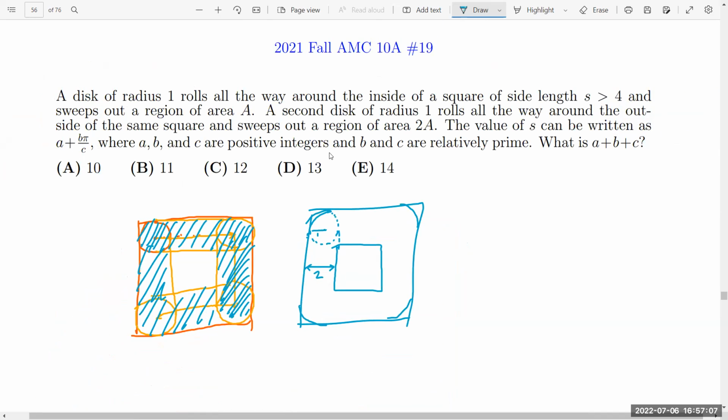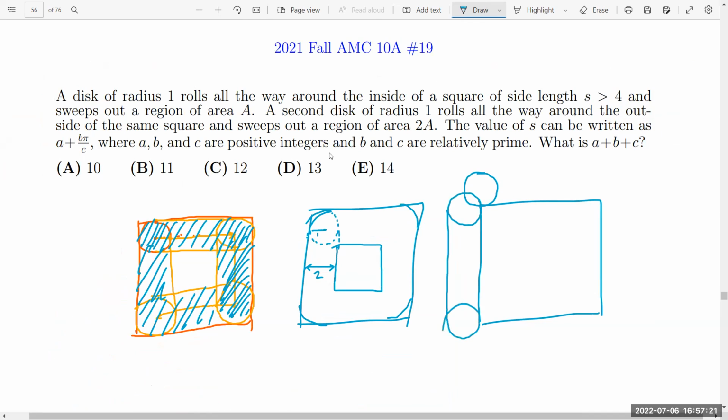We have a second disk of radius 1 rolling around the same square. We start maybe here, and it's a bit different this time, because we have this additional roll that covers this part.